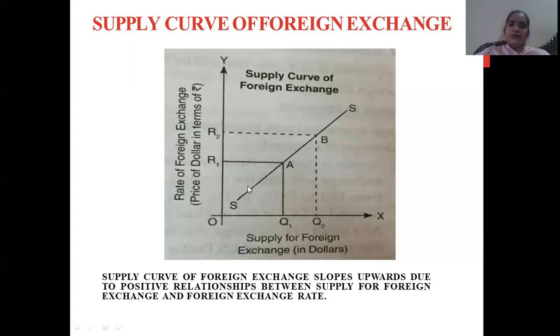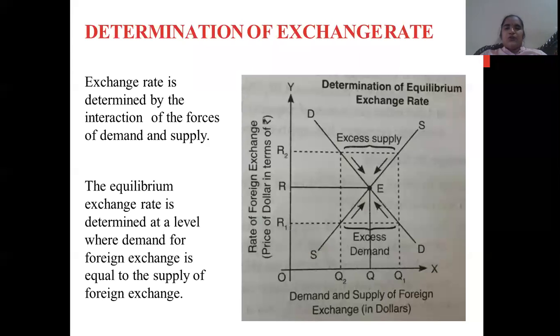So it's moving upwards. But for actual price determination to happen, you can't say that whatever price the supplier names, I will buy, because demand works the other way around. So there should be an equilibrium somewhere, meaning the quantity demanded should be equal to the quantity supplied. So the exchange rate is determined based on the demand and supply equilibrium.